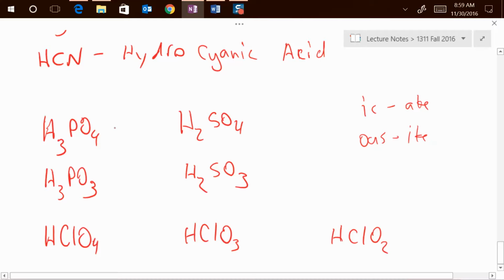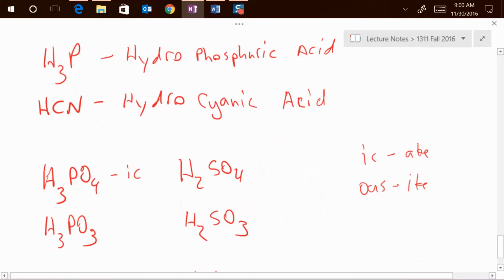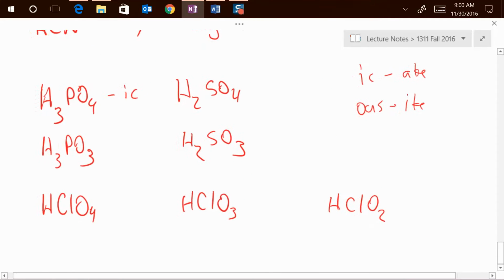Okay, so this is going to be an ic acid, right? Because PO4, that's phosphate. So that's phosphoric acid. No hydro. Here, I have hydrophosphoric acid, H3P. Here, I have phosphoric acid because it's an ate PO4 ion.